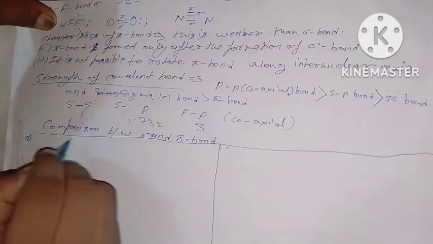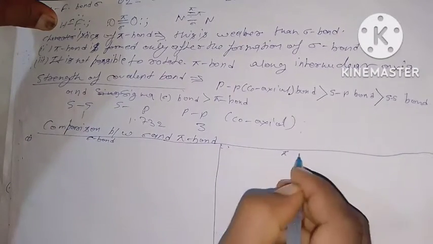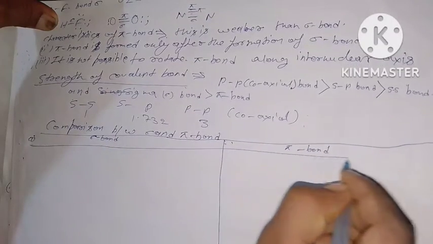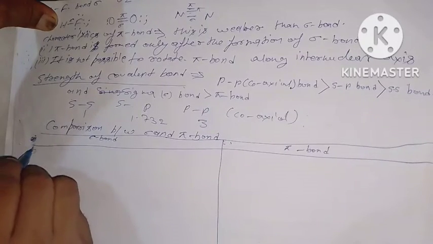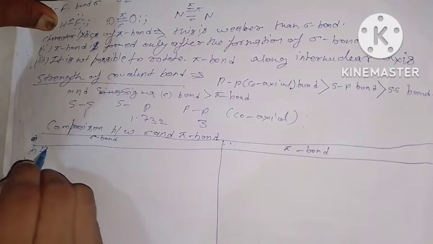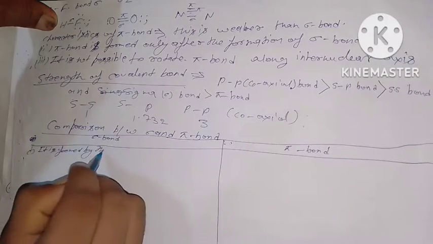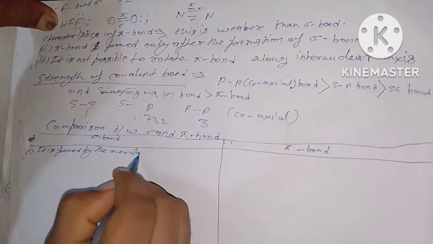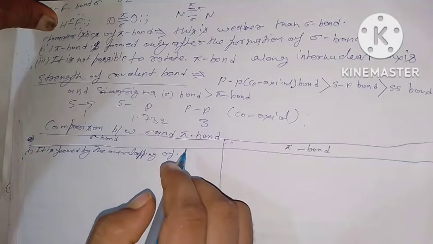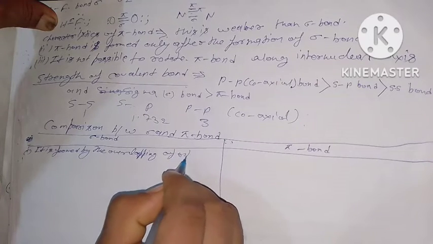A sigma bond is formed by the overlapping of orbitals along the molecular axis.